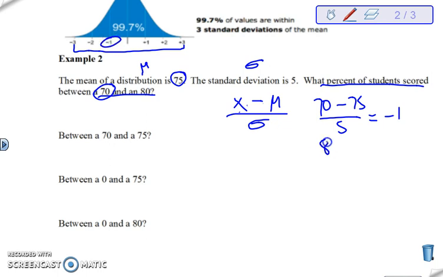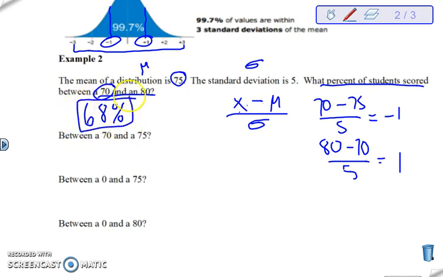If I go from 80, I get +1, which is here. And so from before, we said that there is a total of 68% between the -1 and +1 standard deviations. So in other words, 68% of all test scores should be within 5 points of the average.